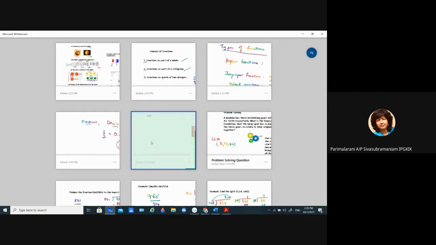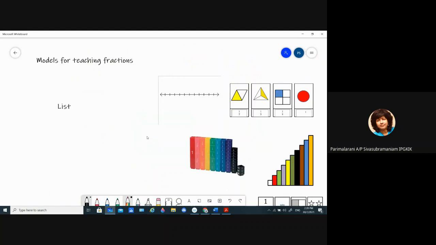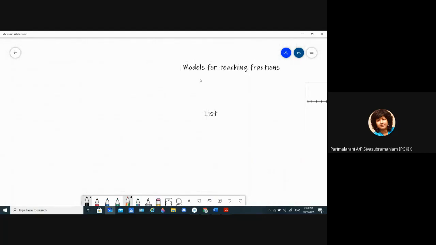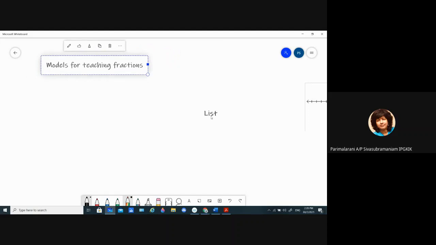Now we're moving on to the second subtopic, which is models for teaching fractions. Before I show you some models, you tell me, what models do you know that we can use for teaching fractions?